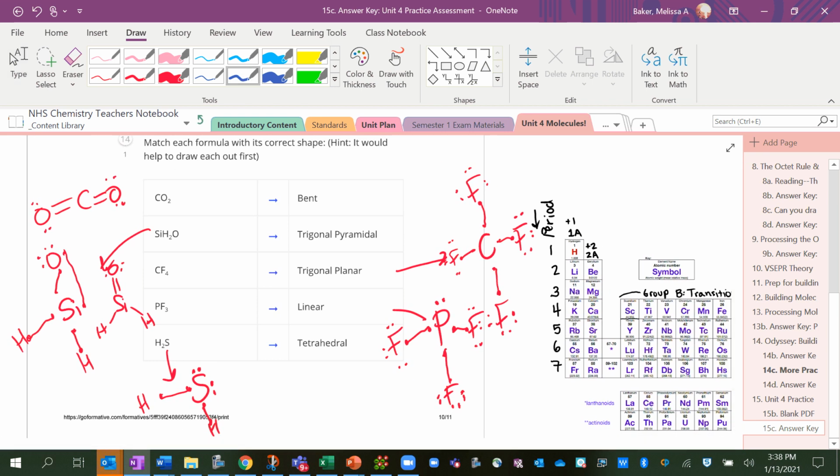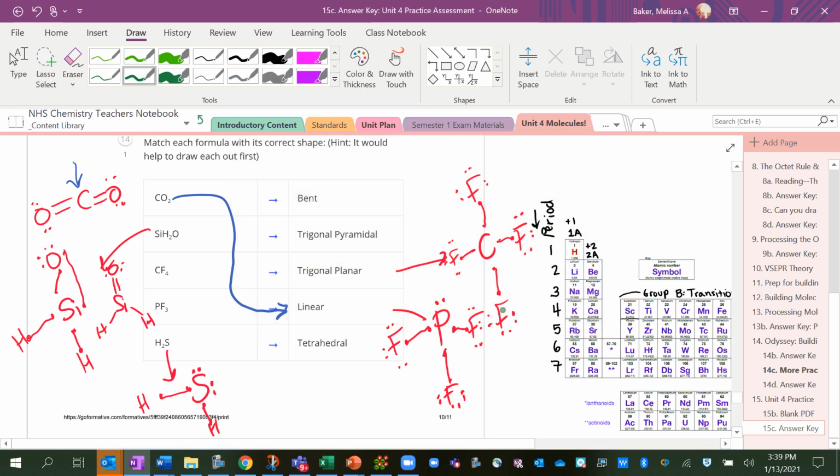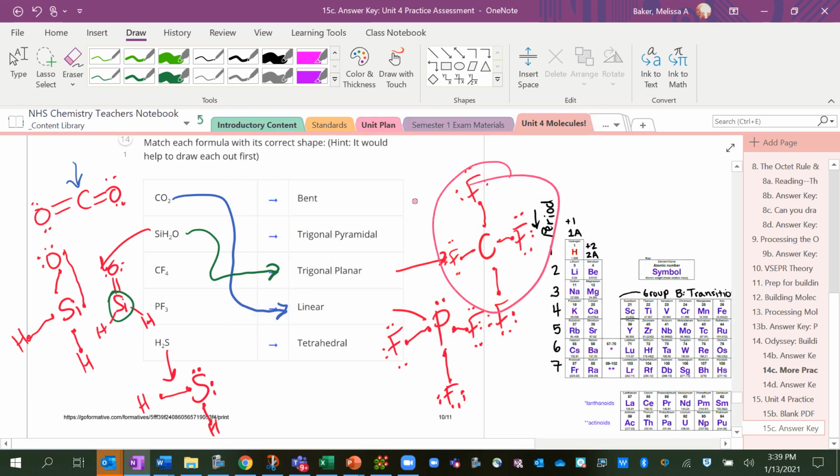So CO2 has a linear shape because it has no lone pairs pushing down those 2 things. So CO2 goes with linear. SiH2O has 3 things surrounding it and no lone pairs, so that's trigonal planar. CF4, kind of the giveaway one, it has 4 things attached.